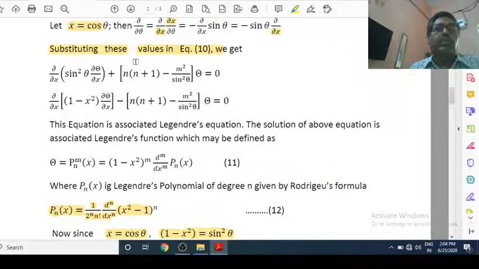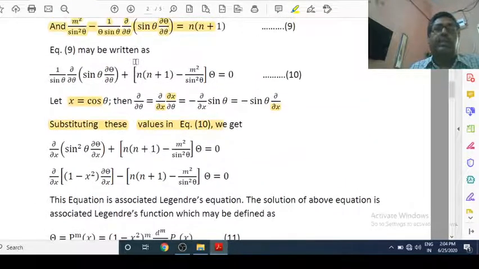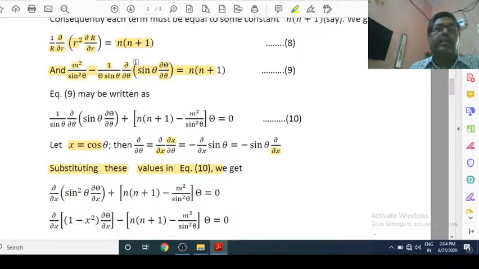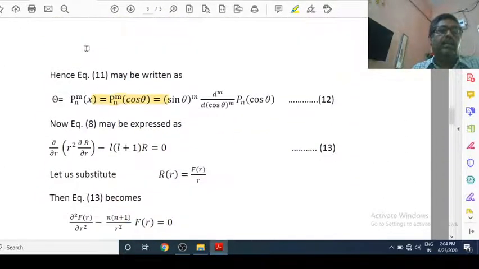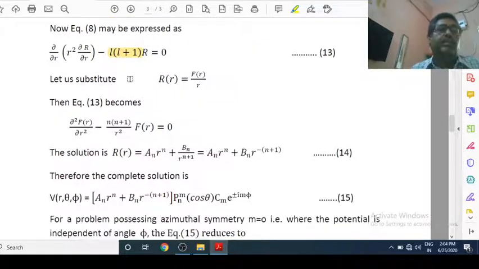Now we are going to see the third, the last solution containing the term r. We return here. This is your equation 8. You can see it depends only upon r, and this right side is l(l+1) times r. So after changing sides we get this one.